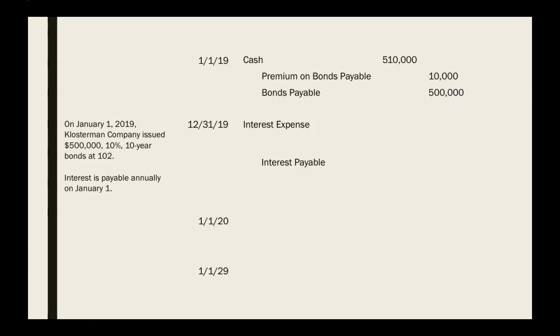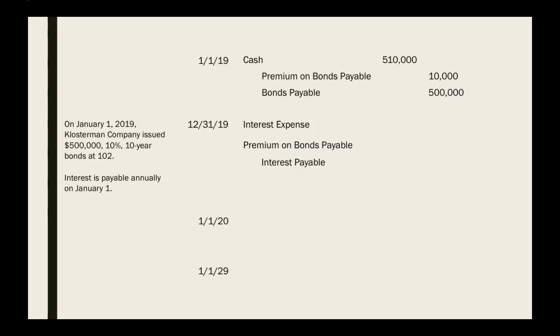You'll notice again, there's a space between those two accounts. That's because we also need to amortize our premium. It's a fancy word for just decreasing the balance in that account. So you'll probably see stuff like amortization of the premium in your textbook or on your homework assignments. Just know that that means that you have to decrease the amount in your premium or your discount account.